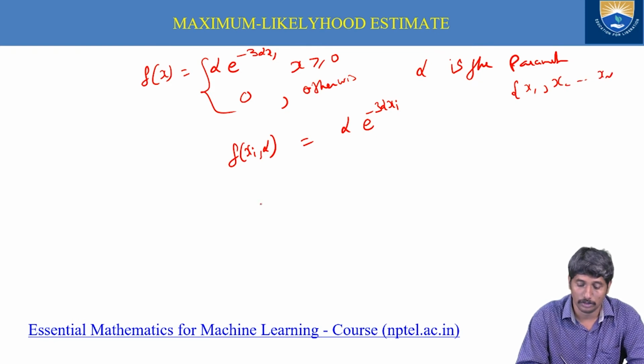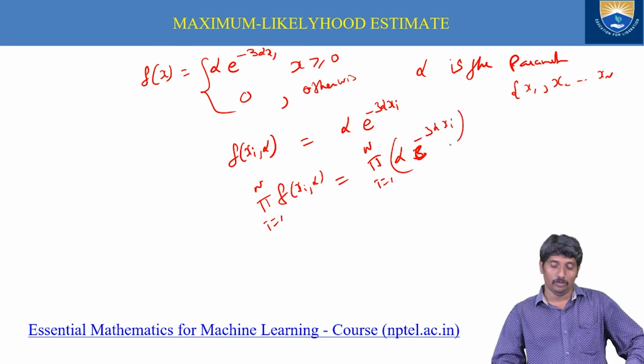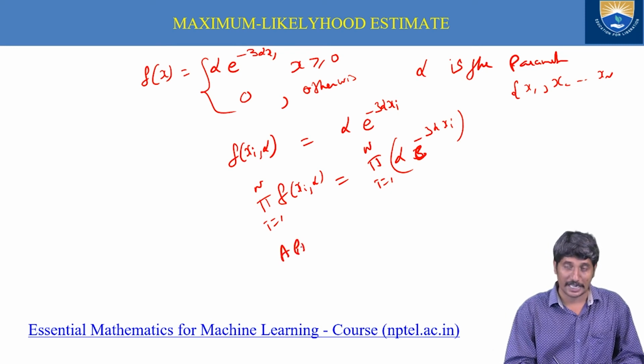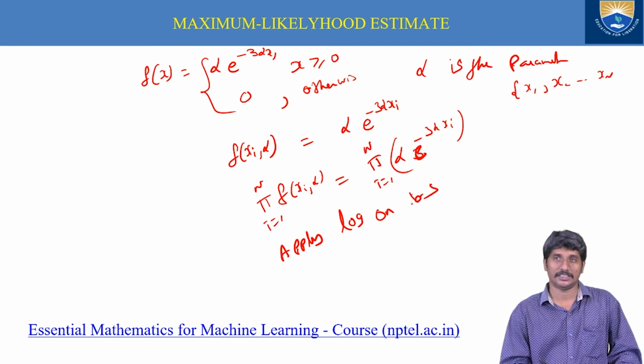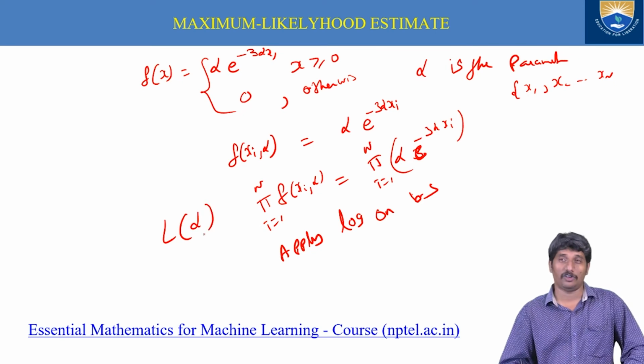So I multiply these, and I get the product over i equal to 1 to n of f of xi comma alpha, which is the product over i equal to 1 to n of alpha e power minus 3 alpha xi. First I call this the likelihood function of alpha.